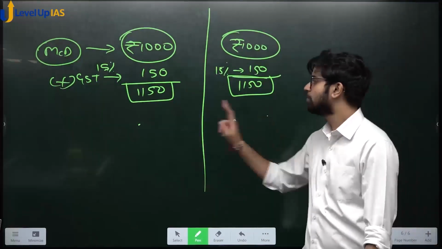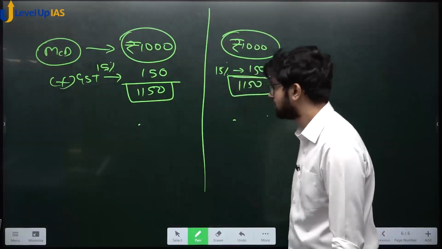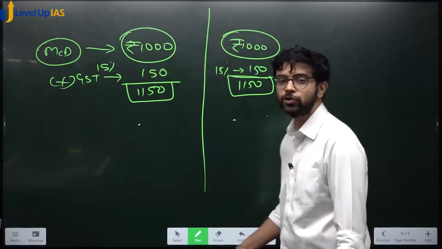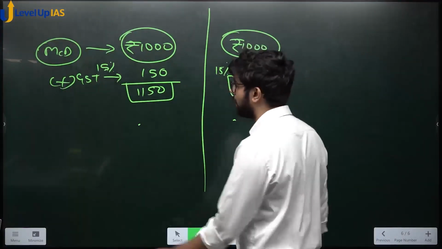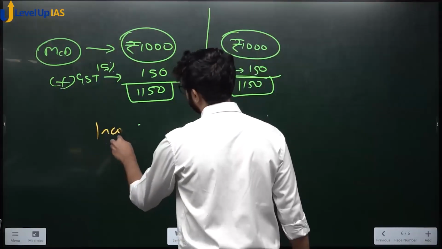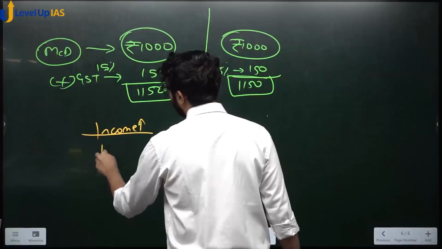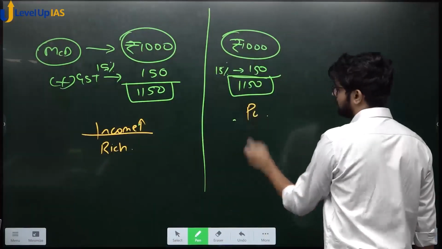So he starts to cry and you are not crying. So what do you think? Whose income is more in this case? Is your income more or is his income more? Your income is more because you are not crying, because you don't feel 1150 will put a significant dent in your pocket. So your income is more. So let's say for the time being we call it the rich case. Okay? And then his income is less.